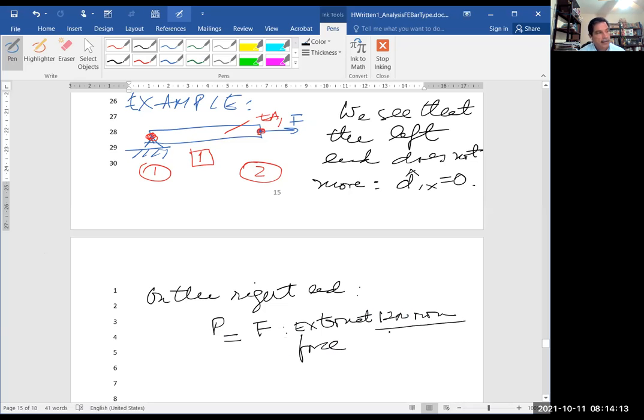Since it is known, it can be considered as a boundary condition.